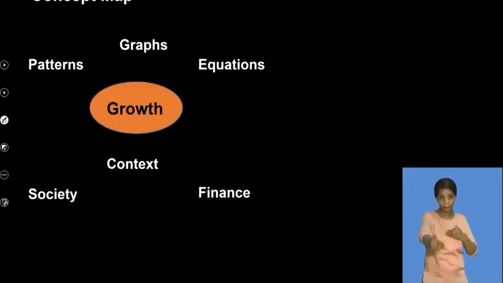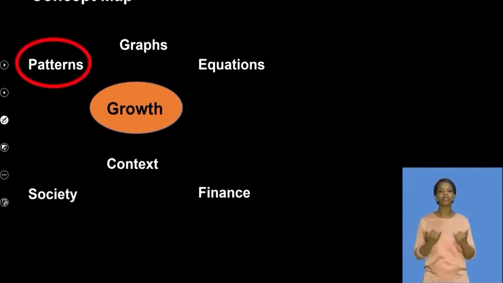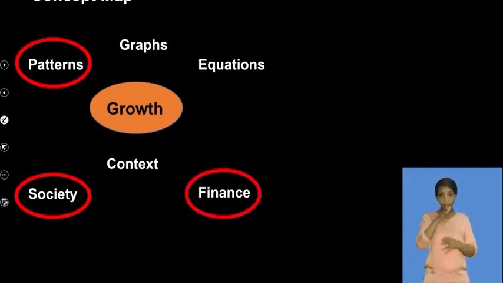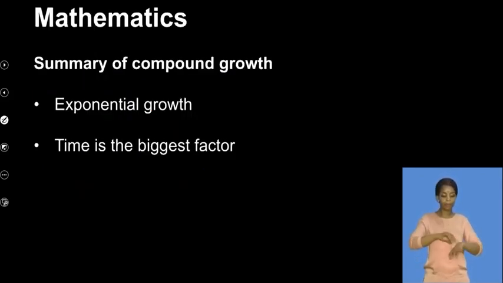Now, just to recap on what we just spoke about, our big idea was growth. We spoke about patterns, and then under society we spoke about that working exercise that we looked at, and then under the finance context we also looked at compounding periods, we looked at the interest.